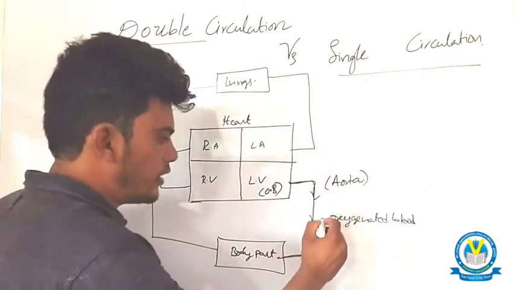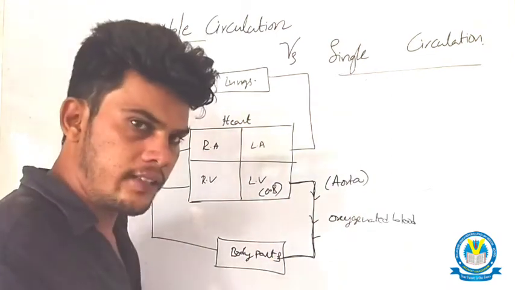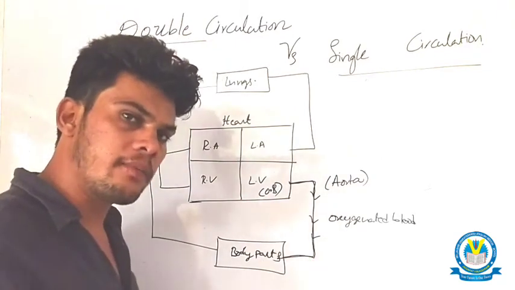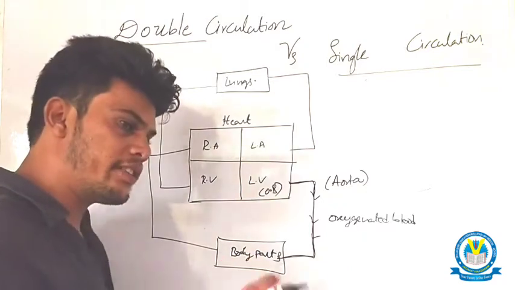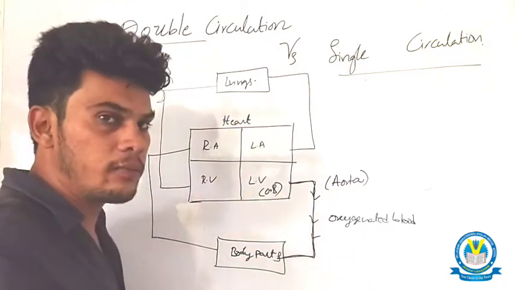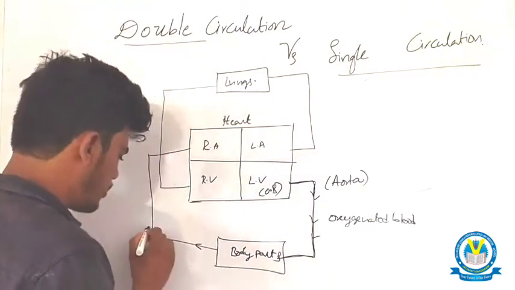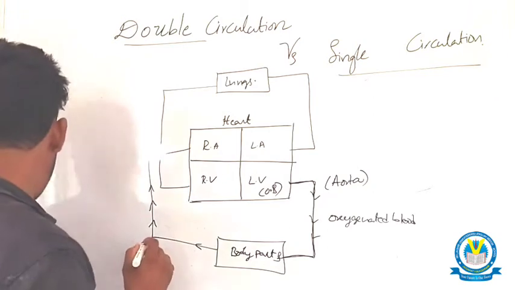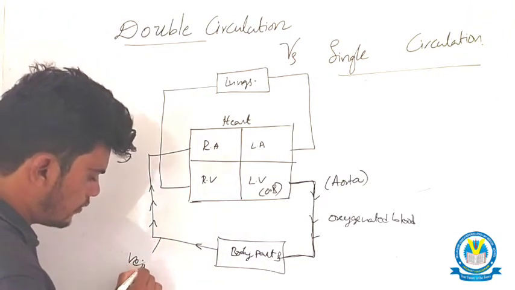When this oxygenated blood reaches the body parts, these body parts utilize the oxygen and the nutrients present in the blood. Then the oxygenated blood is converted into deoxygenated blood. That deoxygenated blood is again carried to the heart. So this is a vein.